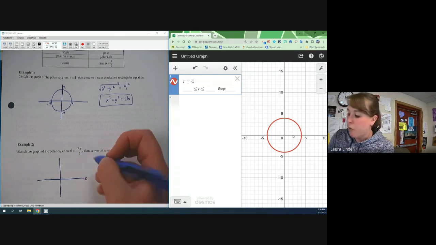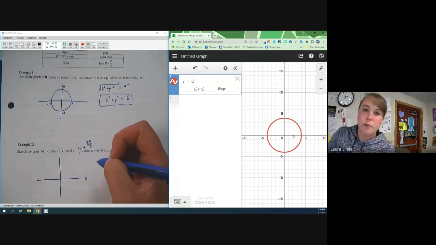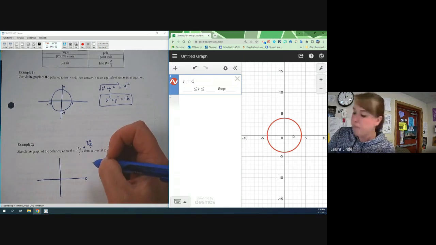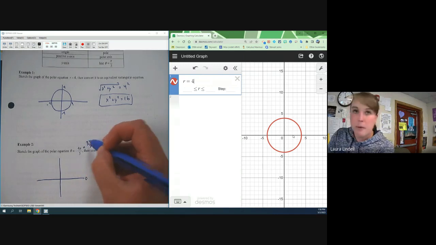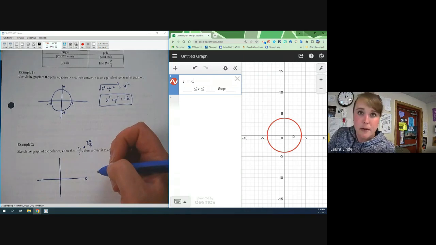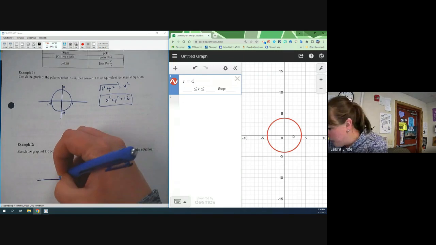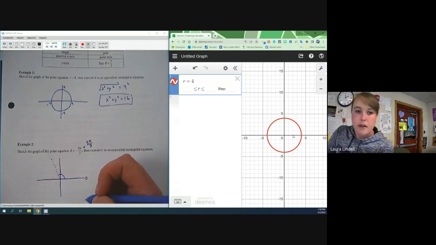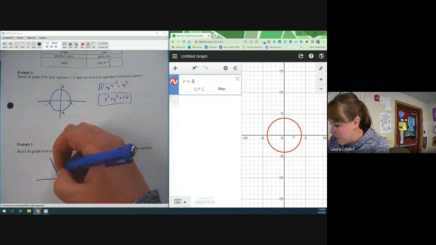So negative 4 pi over 3 is the same as positive 2 pi over 3, because you can just add 2 pi to it and get the same angle, right? So if I add 2 pi to this, we get 2 pi over 3, and I know where that angle is a little bit better because of the unit circle. So if theta is always that angle, what we're talking about is this line here.